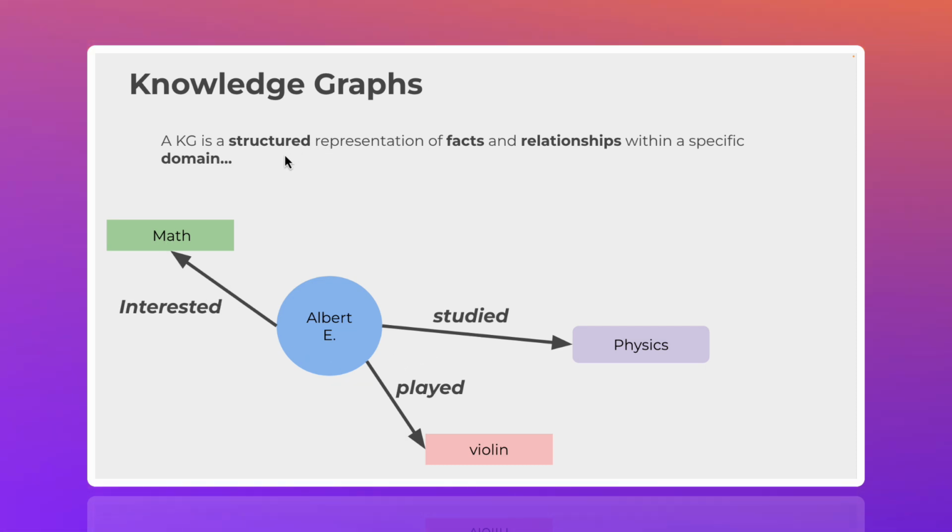That's why we have the structured representation of facts. What are the facts? The facts are that Albert Einstein is interested in math, studied physics, and played violin. These are the relationships of Mr. Einstein as they pertain to the violin, physics, and math. That is the very basic representation of a knowledge graph.